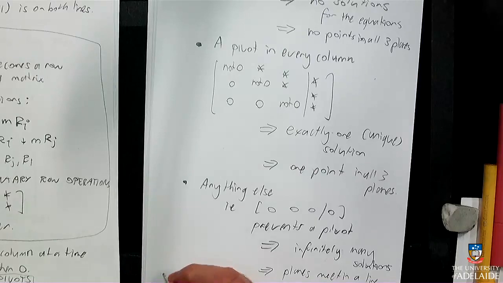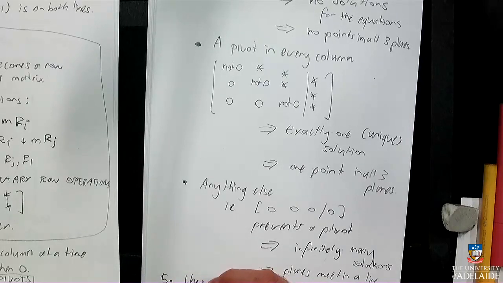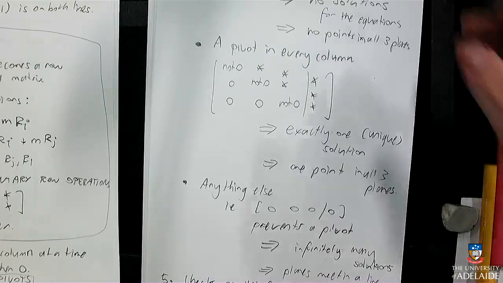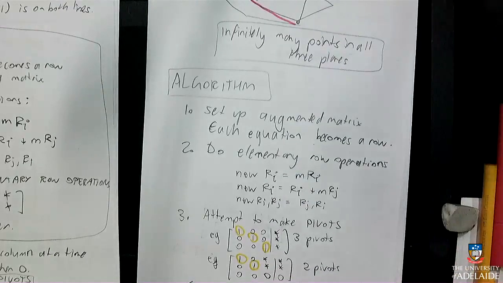And then number 5, you should just check for parallelism from the original equations. So that's the algorithm that we can set up for trying to figure out how planes meet.